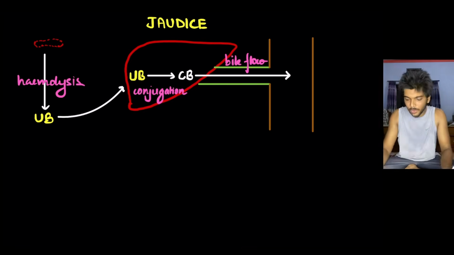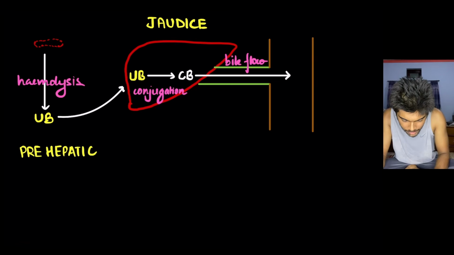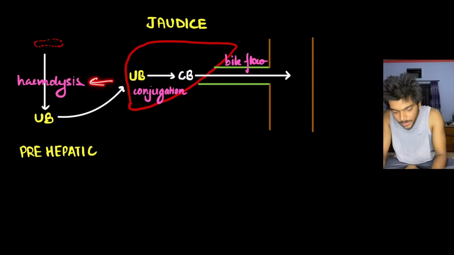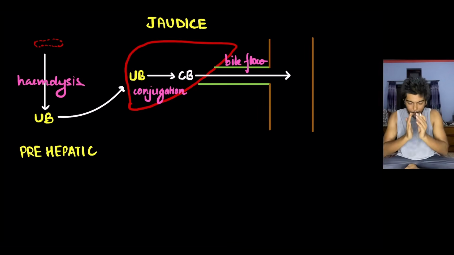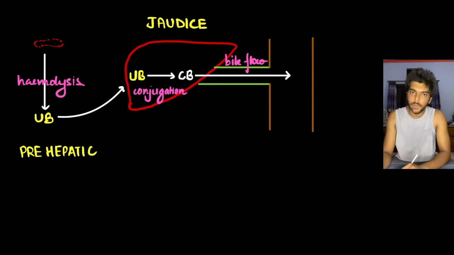Simple. So first you have prehepatic jaundice, where the pathology is before the liver in the process of hemolysis. See, first, RBC containing hemoglobin, hemoglobin with heme, heme is broken down by the process of hemolysis into unconjugated bilirubin.